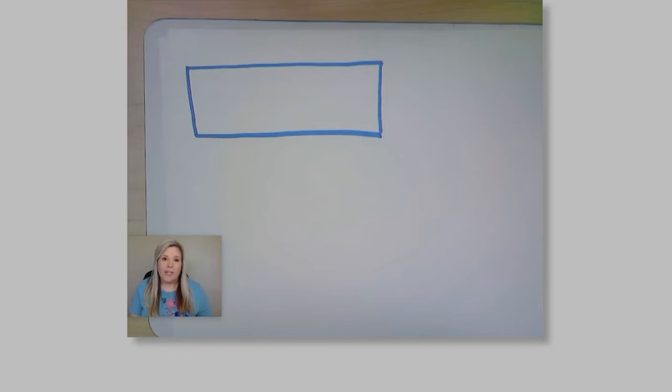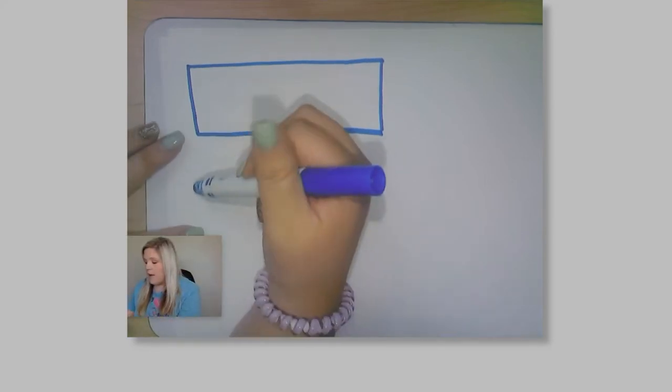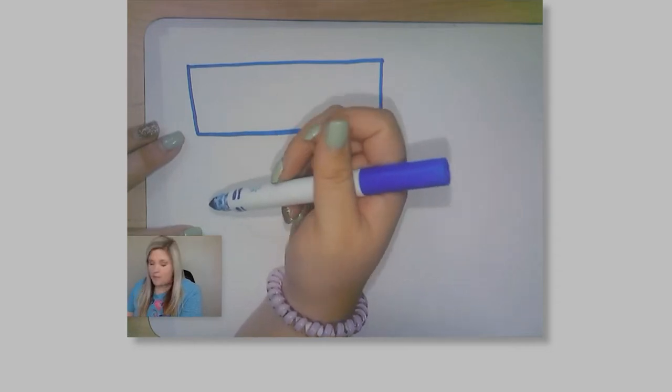Now I am going to draw 3 more rectangles. Remember to leave a little bit of space in between those rectangles. If you need to flip your paper over and draw some of them on the back, you're more than welcome to do that. While I draw mine, I want you to draw yours.